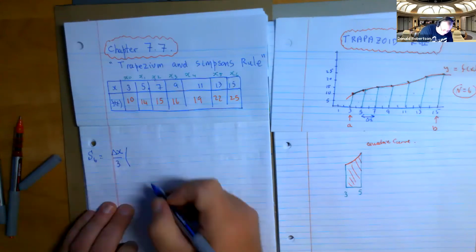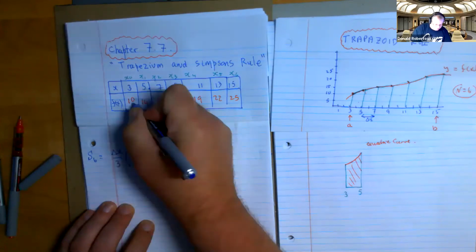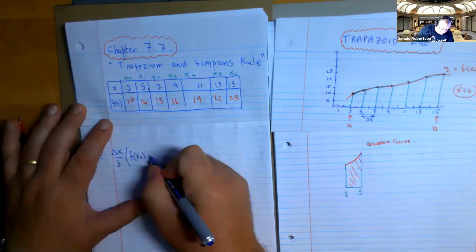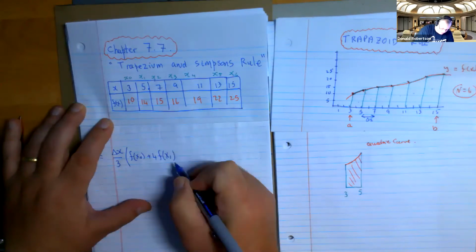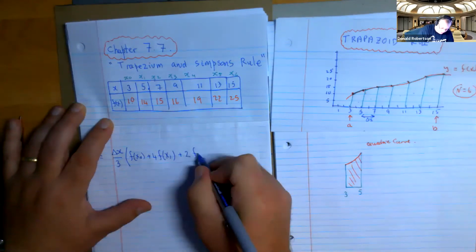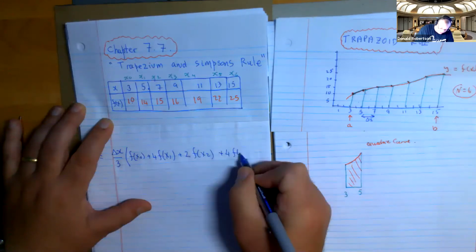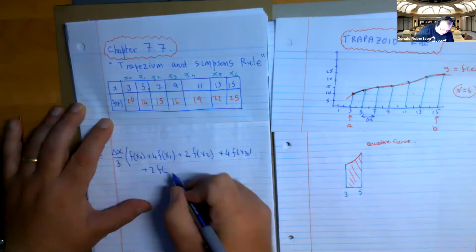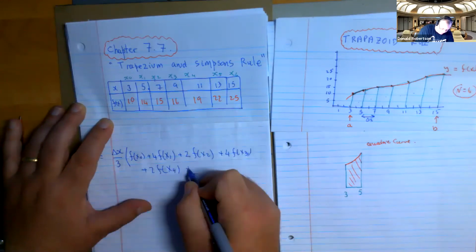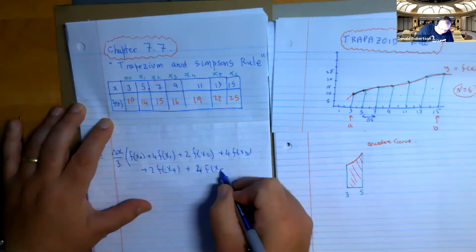You use this guy once, 4 times the next guy, 2 times the next guy, 4 times the next guy, 2 times the next guy, 4 times the next guy.